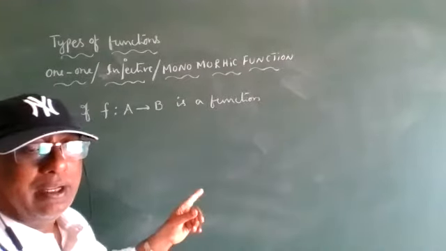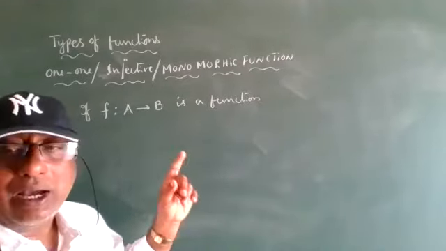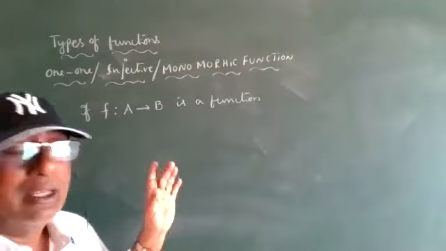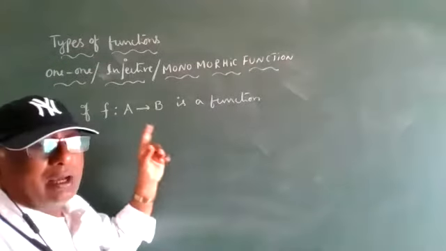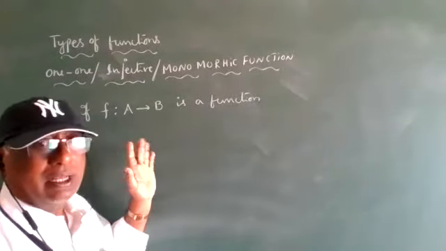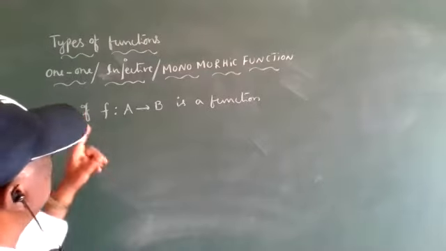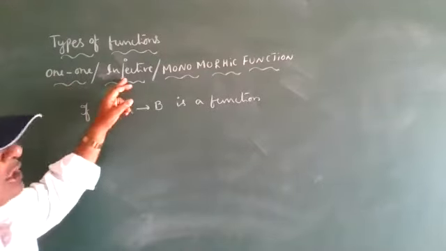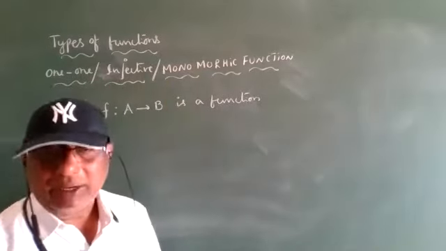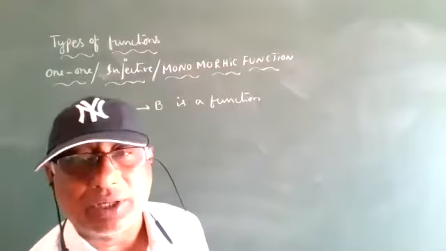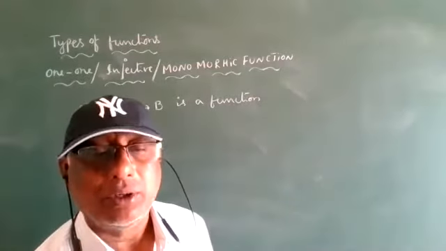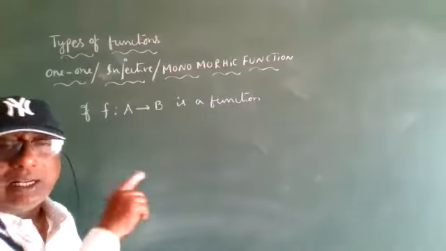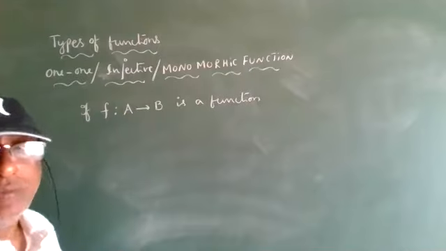Okay? Every element of A has images. Next, one-one, injective, monomorphic are the different names of the one-one function. Another name is many-one, and the function is not an into function.